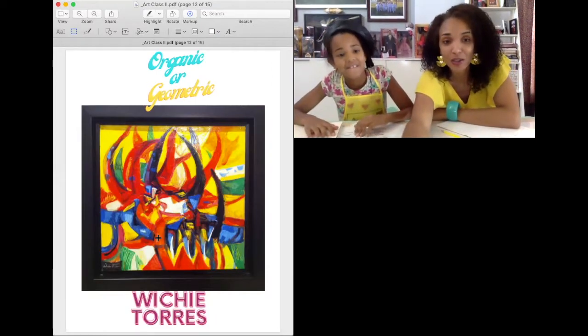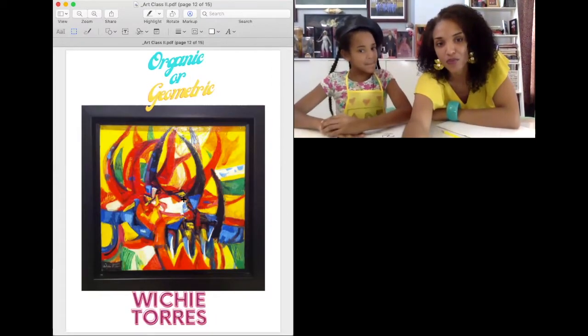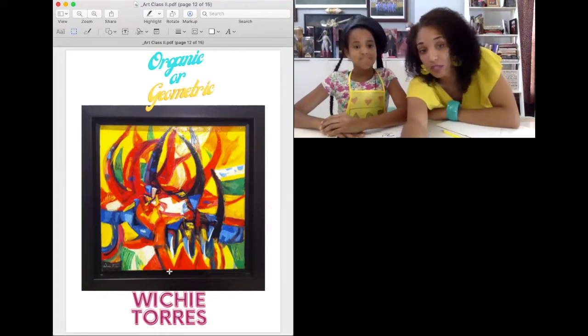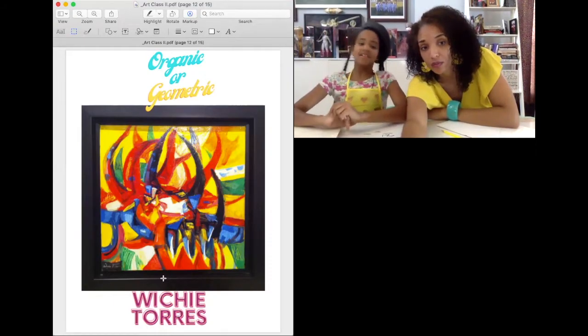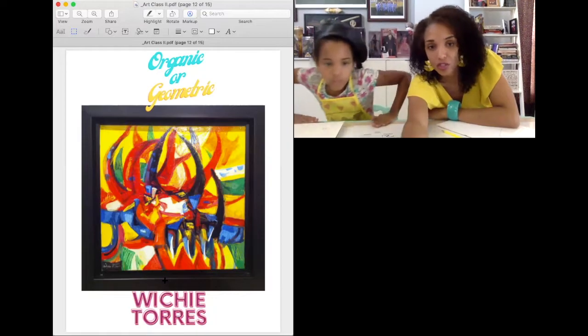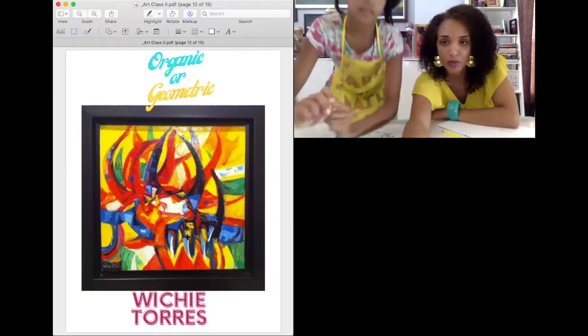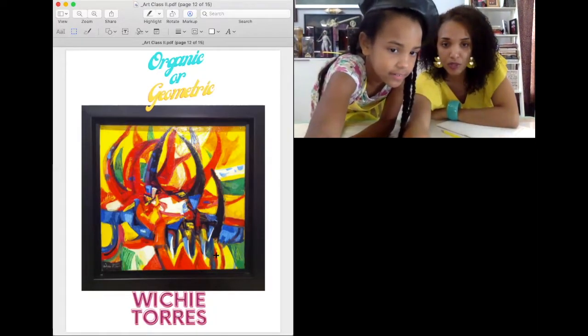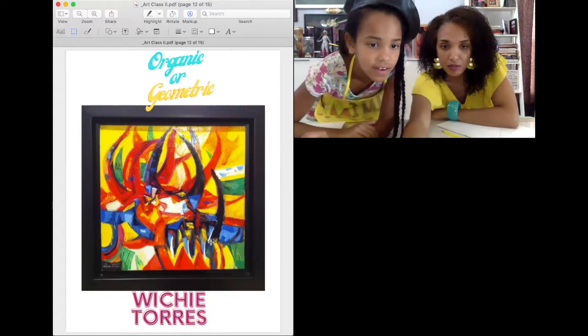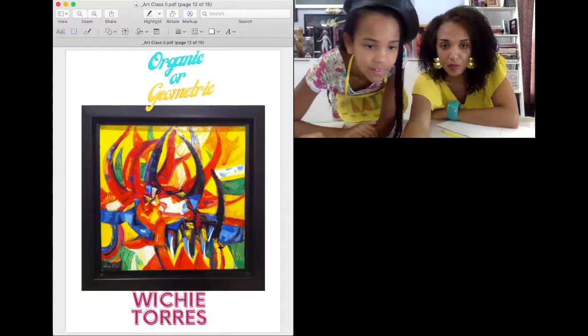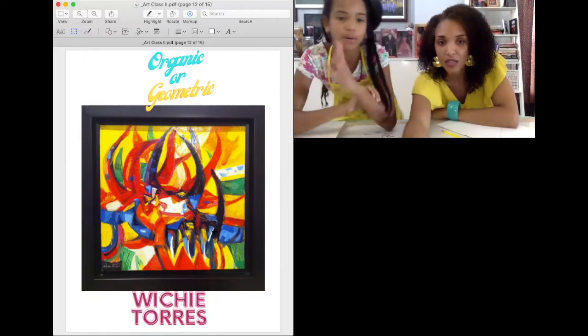Well, we see a little bit of both, but I see a lot of just free form shapes more than anything. You see some geometric shapes too? Where do you see geometric shapes? You can use the pointer. This here. Okay. Curved line. Well, we see lines, but I mean shapes. Oh, so no.